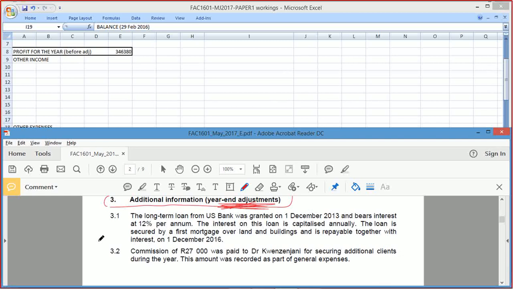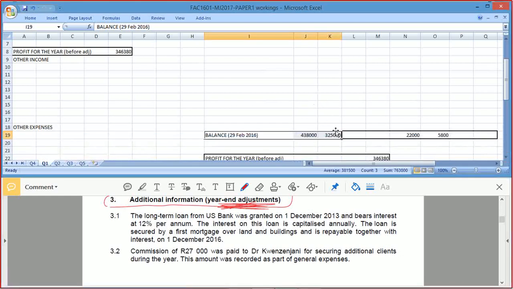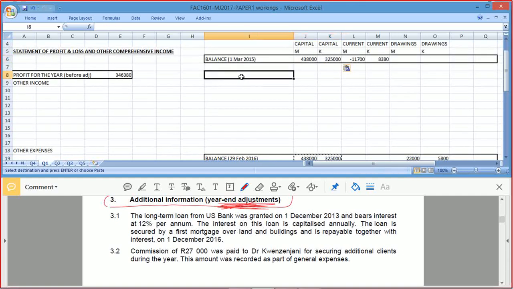Do they mention anything about a change in capital during the year? Nothing. So you can safely assume that what you started with is what you ended with. There was no capital contribution. It would have been 0 for both during this financial year.